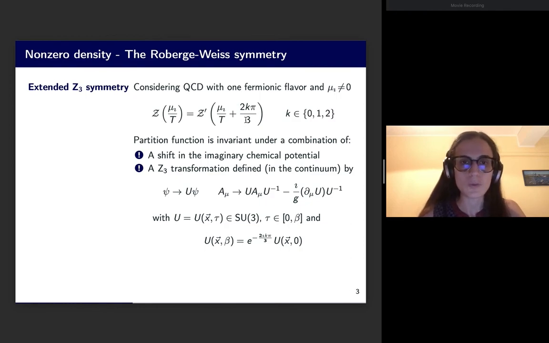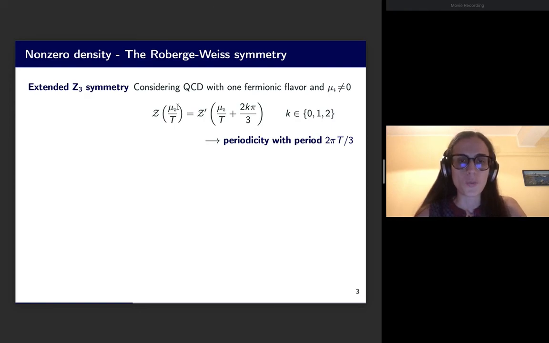The same way you will recognize that this 3 stands for the number of colors, so the formula I wrote strictly holds only for SU(3). What this property of the partition function gives is periodicity in the phase diagram structure at imaginary chemical potential, in particular with a period which is 2 pi T over 3.